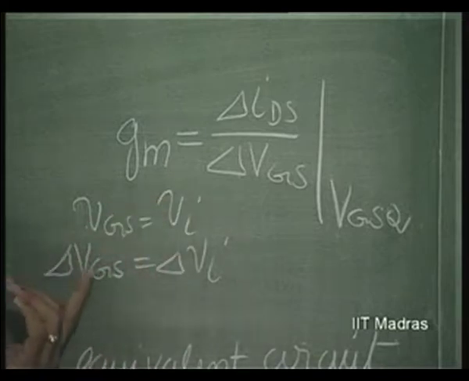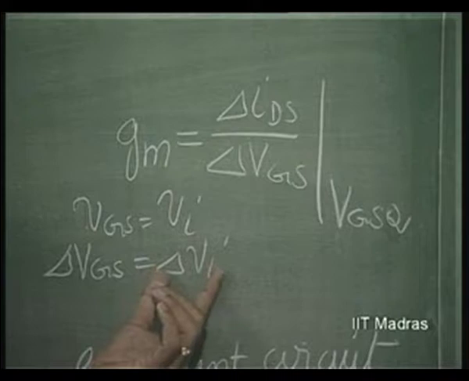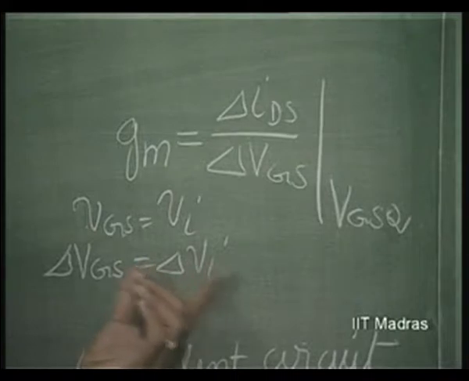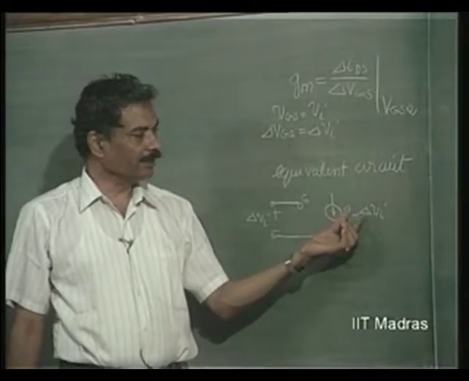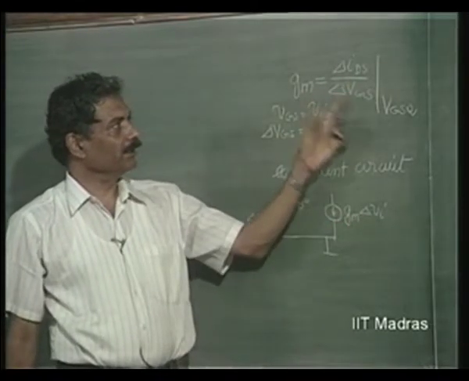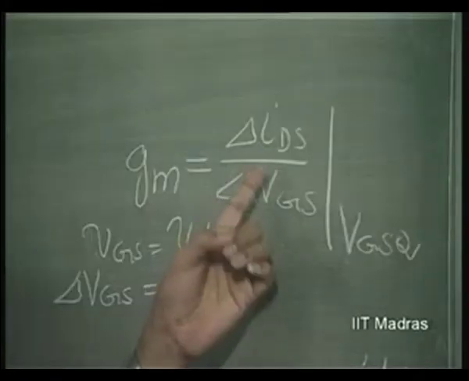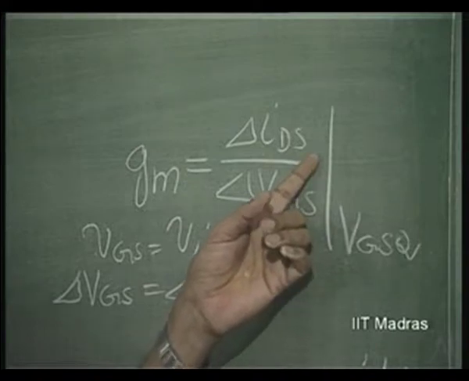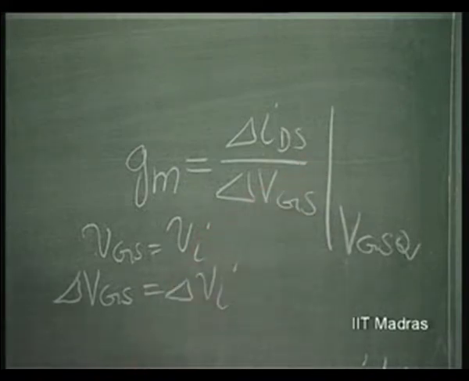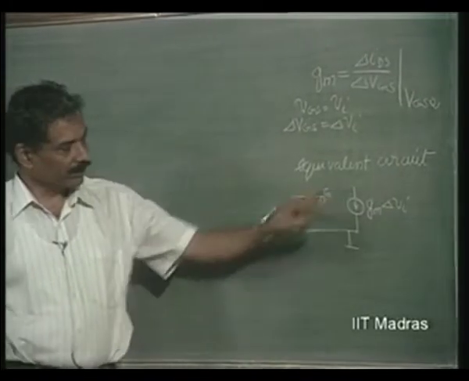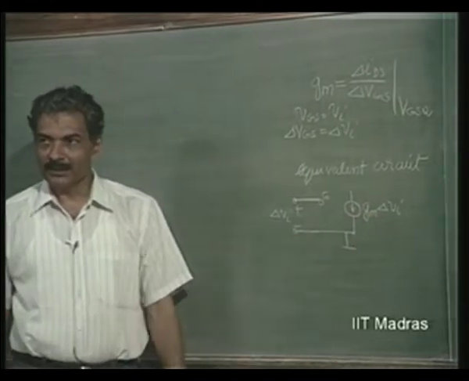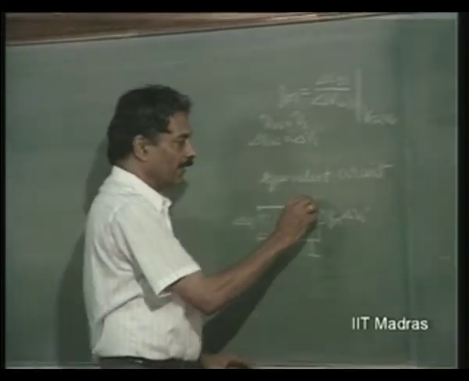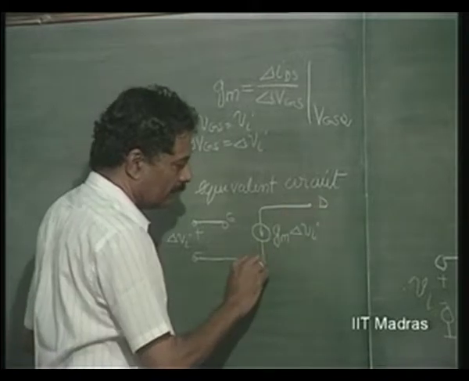So, if there is a change in delta VGS because of change in delta Vi, then we have this current as Gm into delta Vi, because Gm into delta VGS, which is delta Vi, is delta IDS, the change in output current by definition. So, this is a very simple equivalent circuit, a current source which is inducing a current which is Gm times delta Vi, that is occurring at the drain.